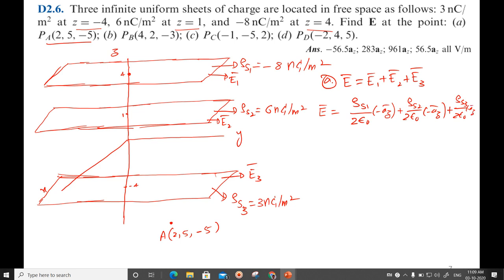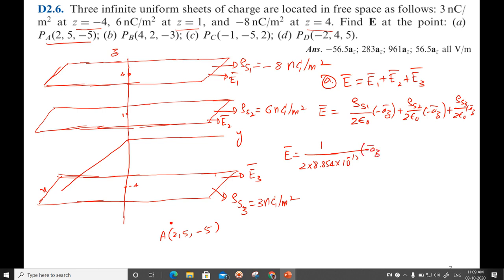Okay, take the common things outside. 1 by 2 epsilon naught is common everywhere, and minus az I will take that also. 1 by 2 epsilon naught is 8.854 into 10 power minus 12 farad per meter, and minus az I will write later.